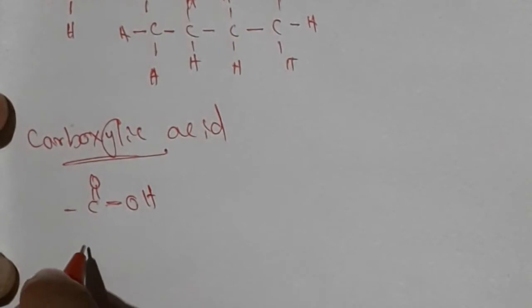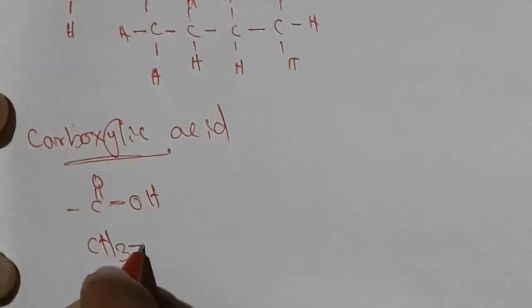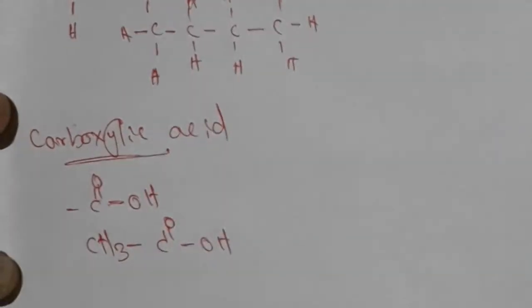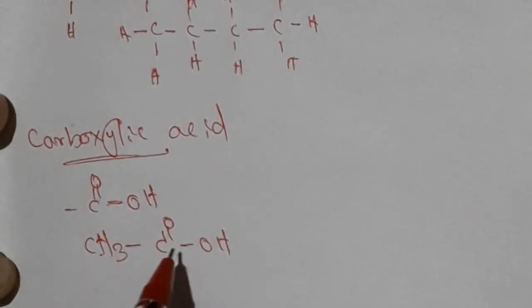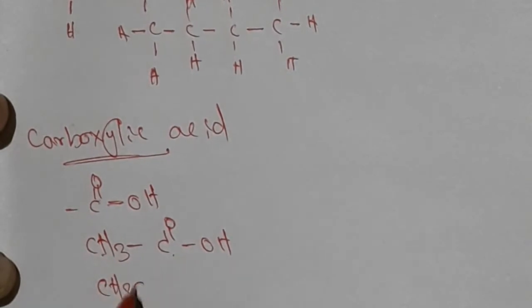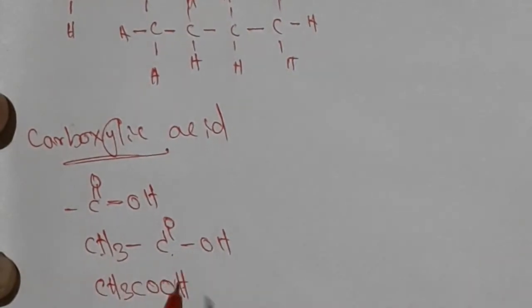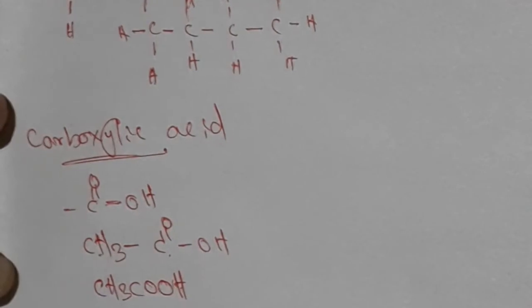This is carboxylic acid. Okay. Example for carboxylic acid, CH3C double bond oxygen OH. Here 2 carbon and this is ethanoic acid. This carboxylic acid also you can write like this, CH3COOH. This is carboxylic acid. Okay.